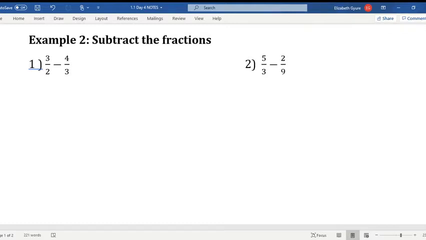So subtraction is going to work the same way. Okay, you can't change your order or anything though with these. Order matters when you subtract. So we have 3 over 2 minus 4 over 3. What would be a good common denominator for 2 and 3, Alex? 6. All right, so we're gonna have 6's on the bottom.